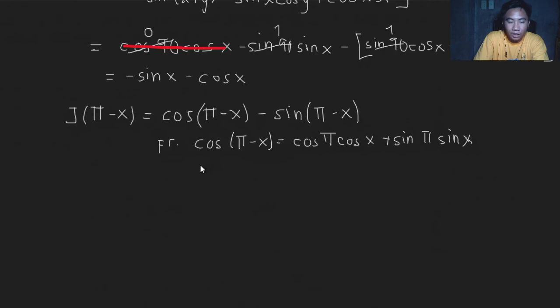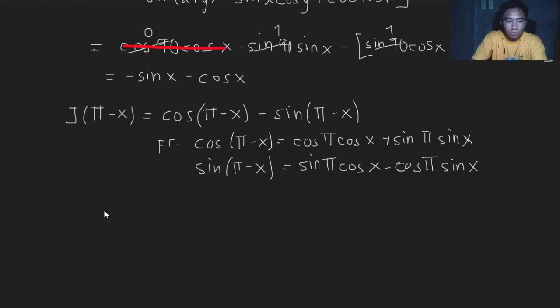Ayan. And then, si sin naman, pi minus x is equal siya sa sin pi, yung una, and then si cosine x plus cosine pi, wait lang, should be minus. Minus cosine pi sin x.